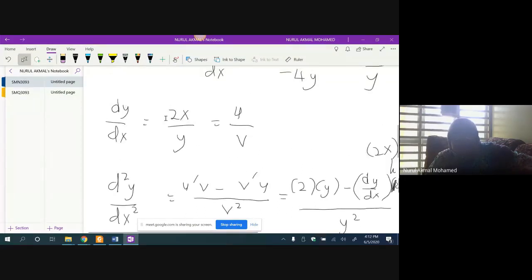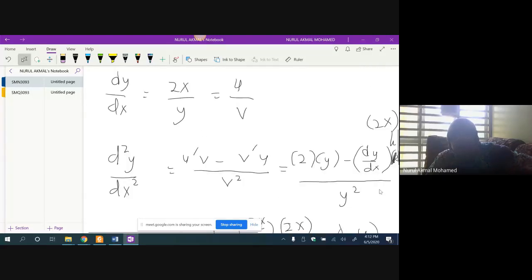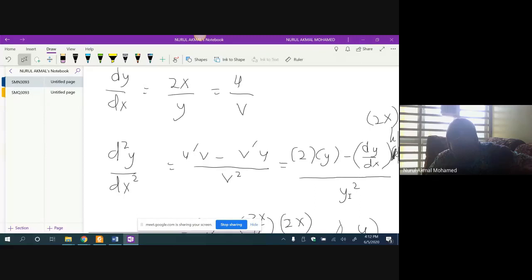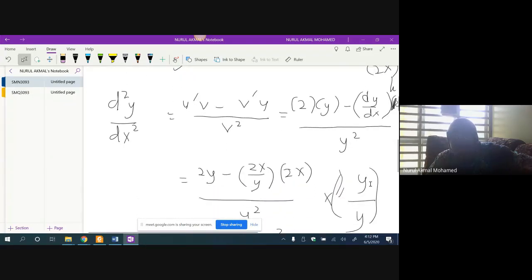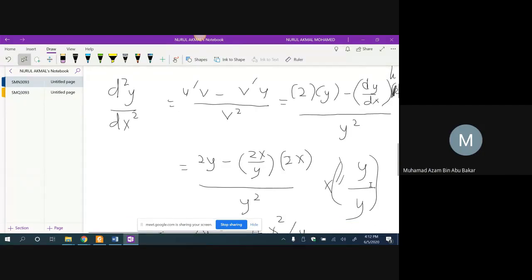U prime is 2. The v is y minus v prime. So your v prime is dy dx, and then you multiply with u, so 2x. And then you divide everything with y squared. It seems correct. Yes, it's correct.